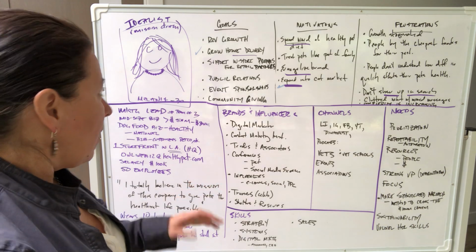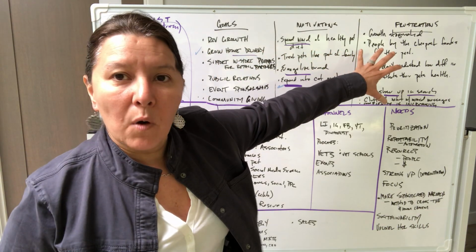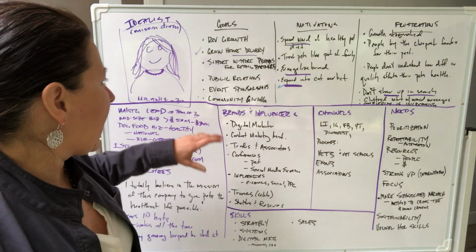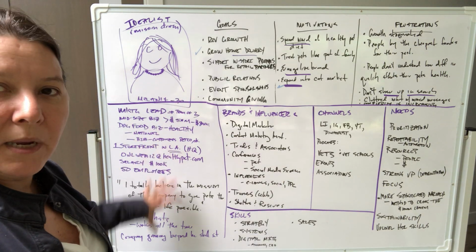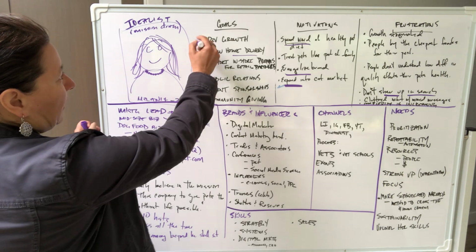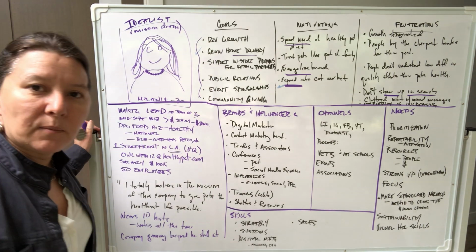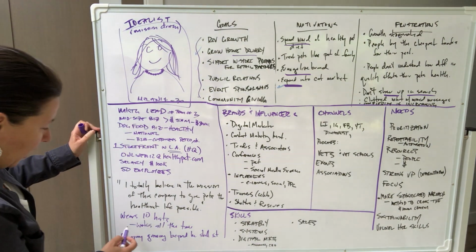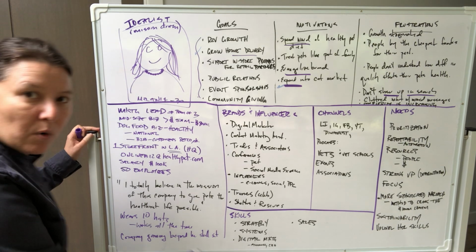Okay, so looking at this stuff, what we started to see is that we started to add a little bit more meat on the bone to her down here, right? So we actually noticed here, like, wow, she's responsible for a lot of stuff. So we were like, she wears 10 hats, right? She works all the time.